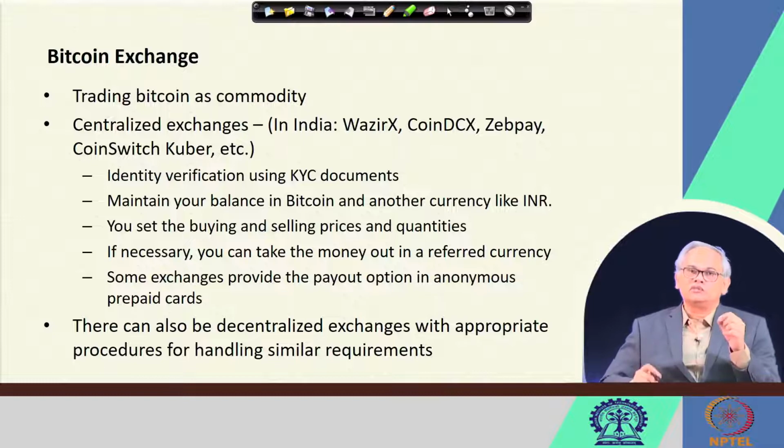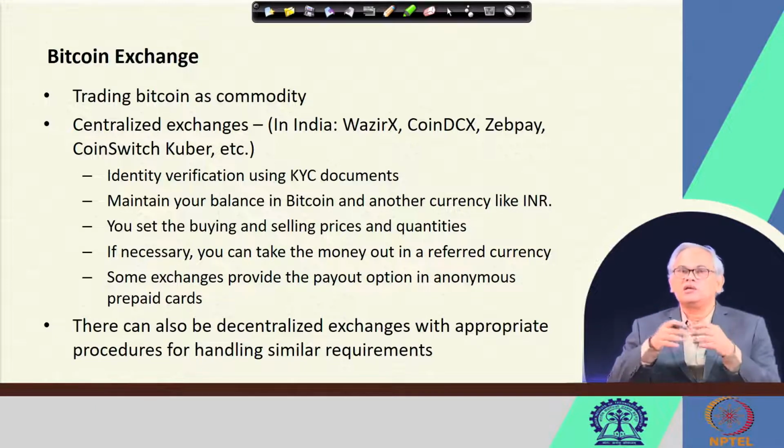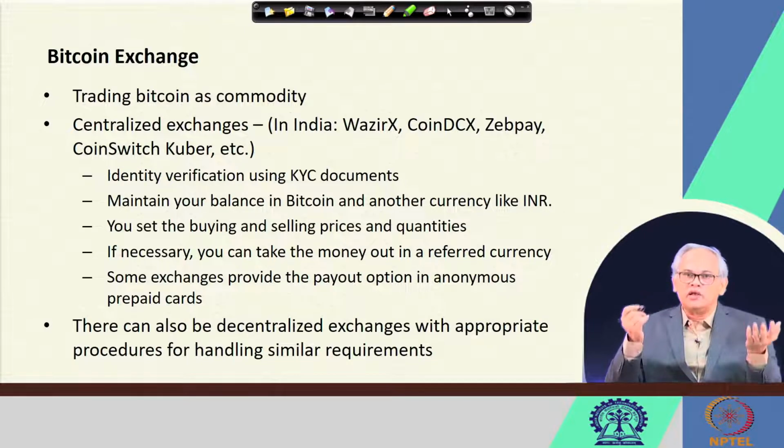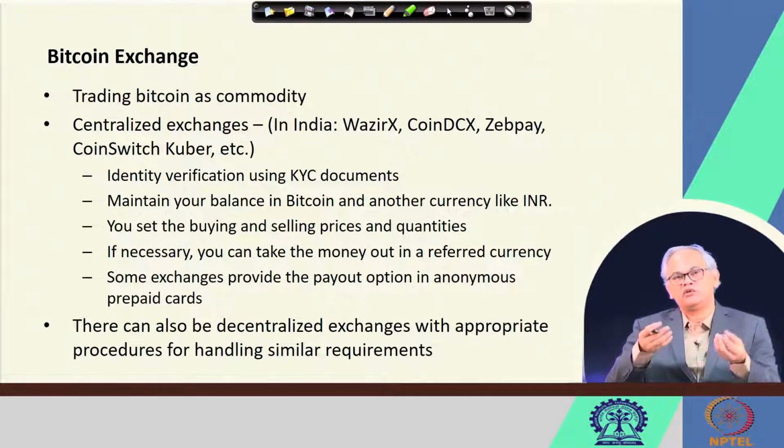And what they do is that when you create your accounts, it is like you create Demat accounts and all. So, similarly, they create accounts after verification of your KYC documents, and then they maintain your balance in Bitcoin, and they say that, oh, you can start with as low as 100 rupees or so. If you pay 100 rupees, you get only a few Satoshis and all.